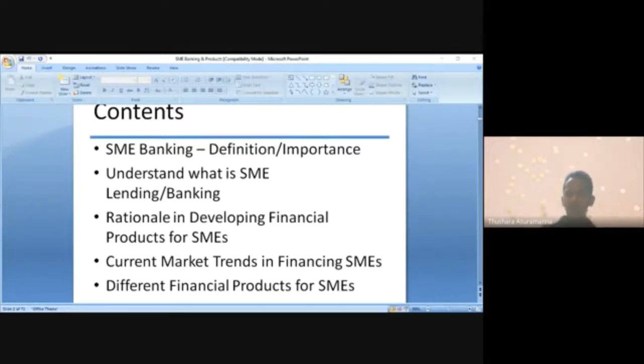Have you come across your bank financing SMEs in your markets? If so, what are the areas? Roshni, HNB, let me know. Have you started recovering money from SME customers? What is your experience?